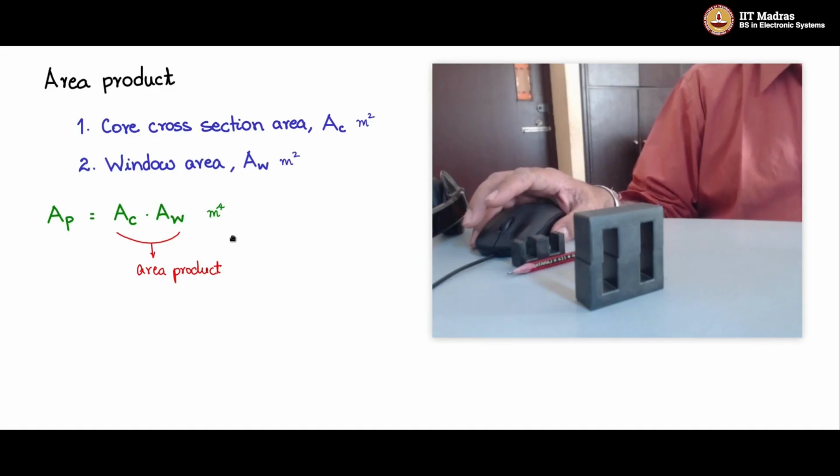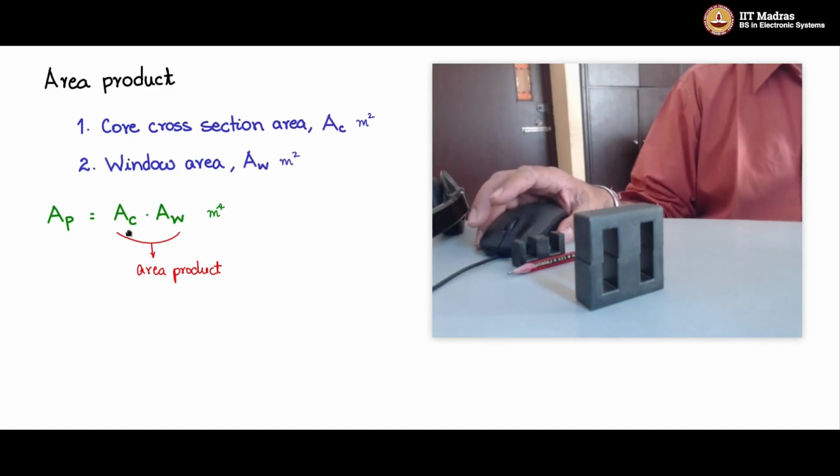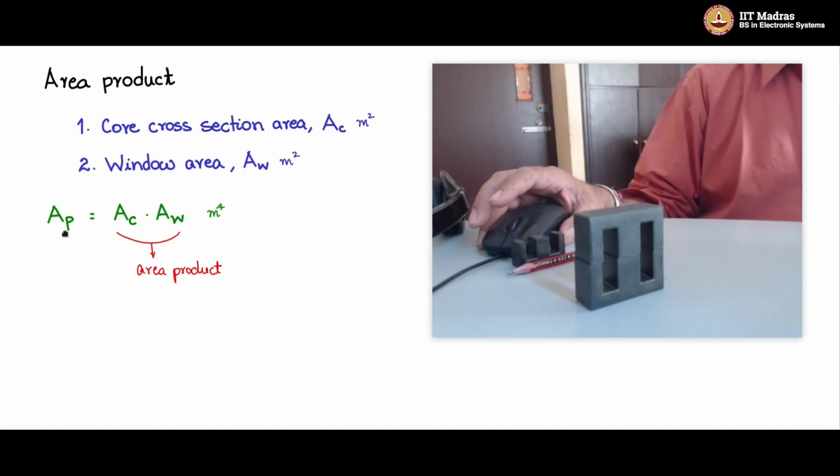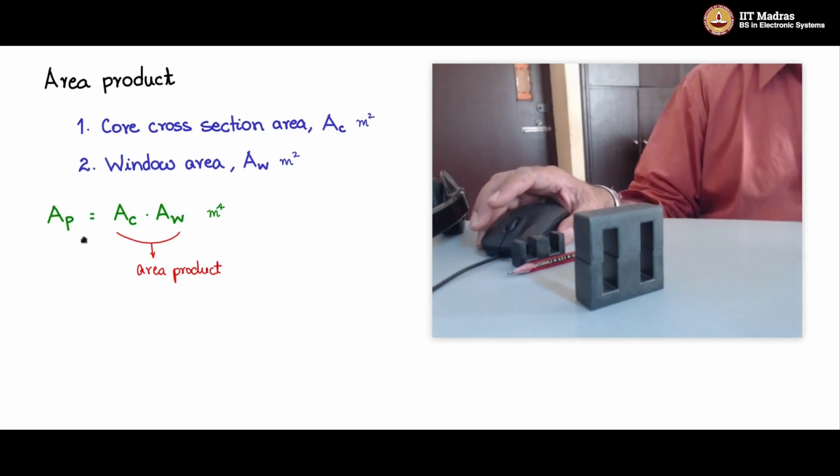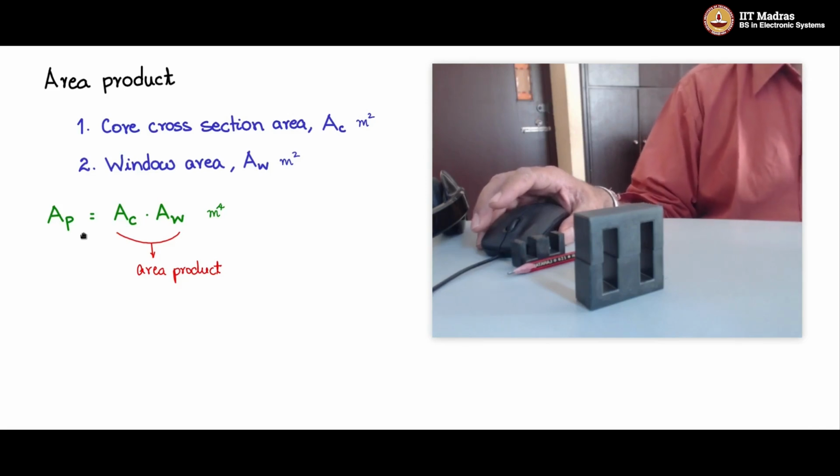When we do the core design for inductors and transformers, we will be calculating this area product AP and checking against the table of cores for the area product that matches or is greater than the value calculated, and we will select such a core which has a greater datasheet value AP than what we have calculated, and then use it for design. This is an iteration process. Of course, we will now discuss how we will use this area product to design the cores for the inductors and the transformers.